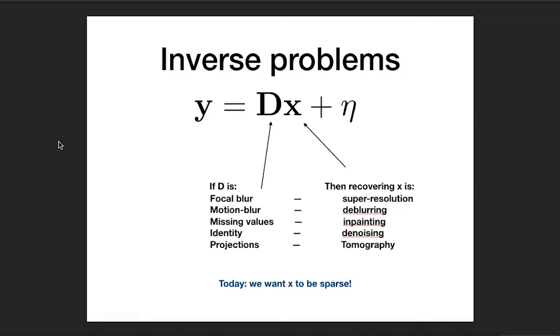So columns in D, and X represents how much contribution you are going to give to each column. So our problem is just this, but it is very general, and it can be applied to all these tasks. And see that if D is an identity, then it's basically a denoising problem. You're just adding noise to your forward model, and you want to remove it, right?